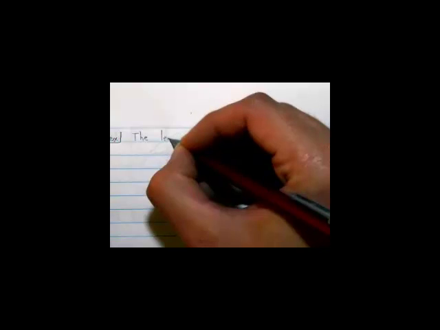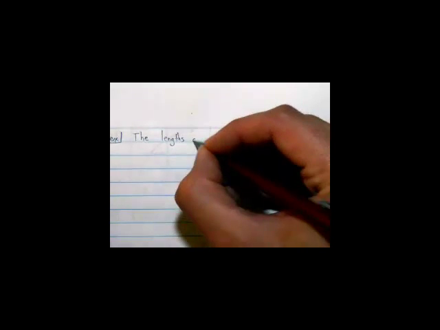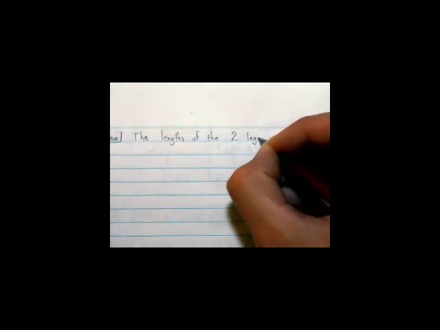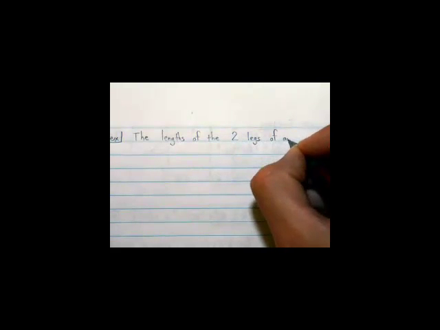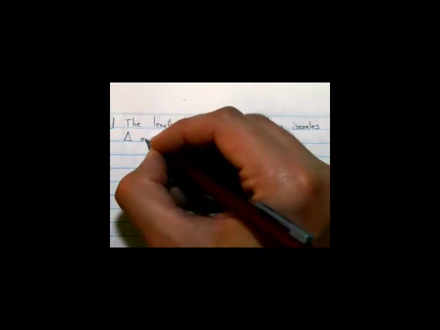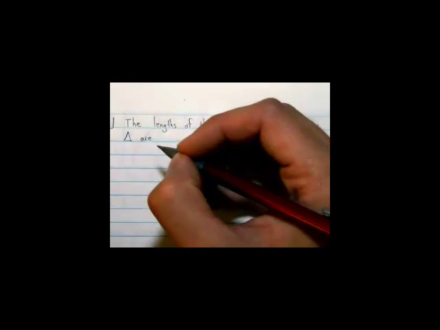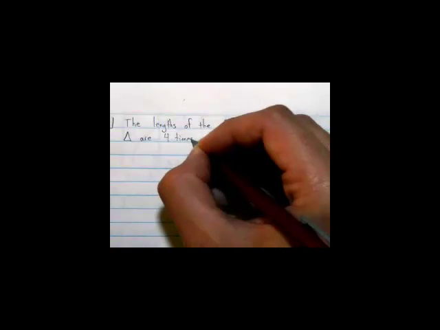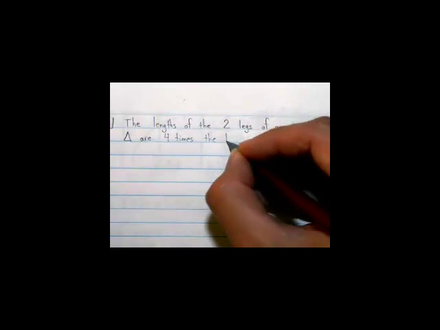So let's say the lengths of the two legs of an isosceles triangle are 4 times the length of the base.